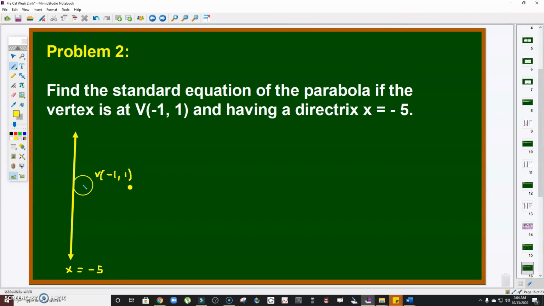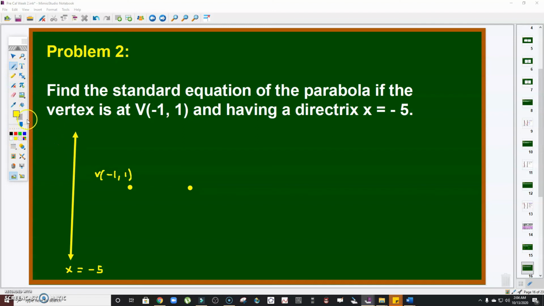Since the directrix is located on the left of the vertex, the focus is on the right, somewhere around here. Let's say that's the focus.